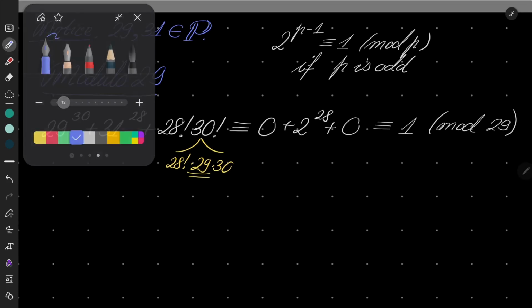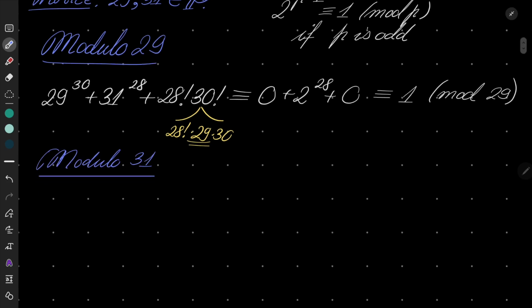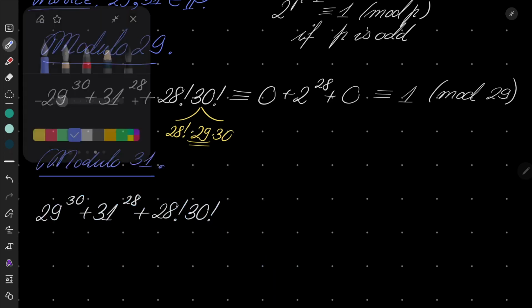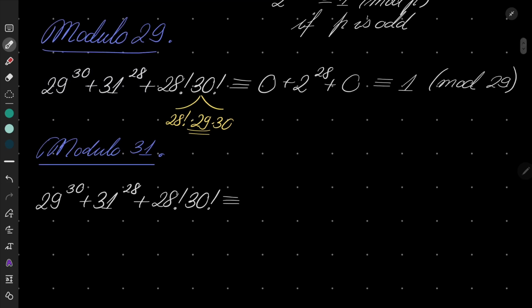What about modulo 31? Let's look. It will probably be harder. Our expression is congruent to, well, 29 is congruent to minus 2 modulo 31. 31 is obviously congruent to 0.